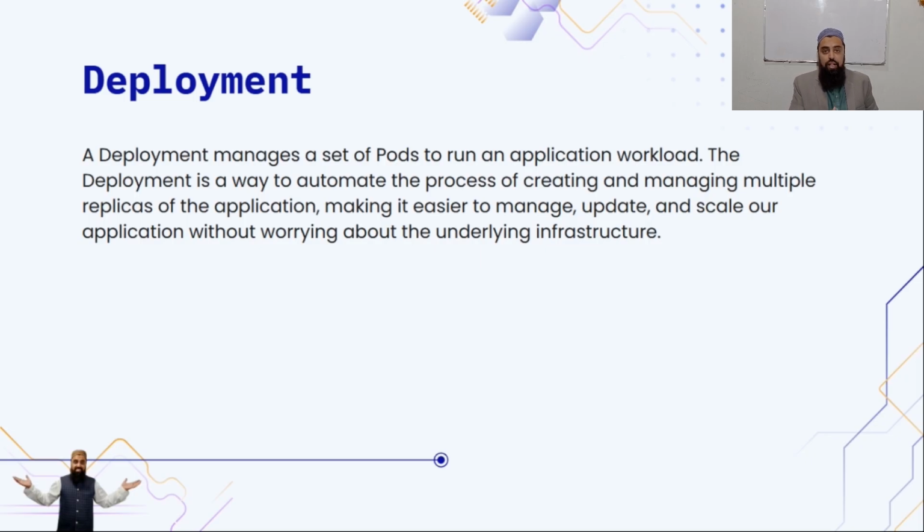So that is how a deployment is used in Kubernetes. In short, it is the blueprint of all our applications that run on Kubernetes. These are the additional benefits of a deployment: it also manages, updates, and scales our applications without worrying about the underlying infrastructure.